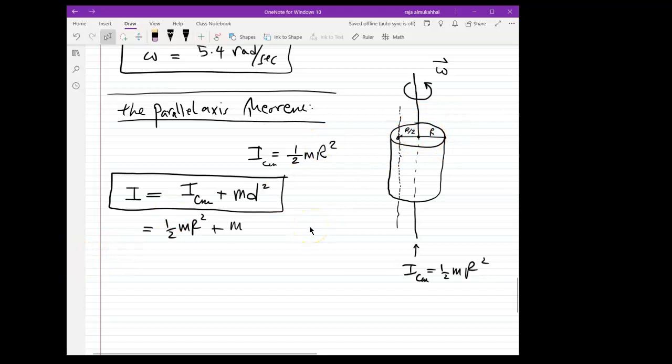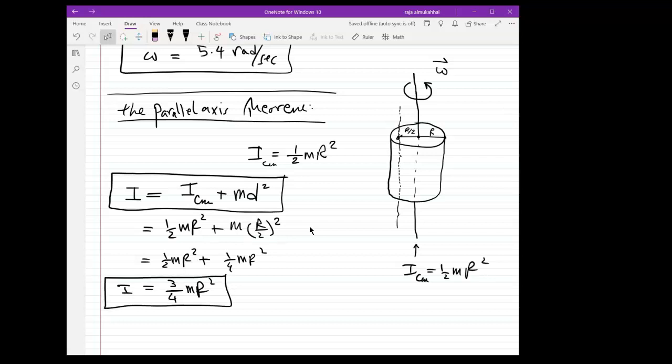So r/2 squared, like that. And then I can just do the algebra, 1/2 mr squared plus 1/4 mr squared. So the moment of inertia is 3/4 mr squared. See that? And there we go. I have calculated the moment of inertia of this cylinder.